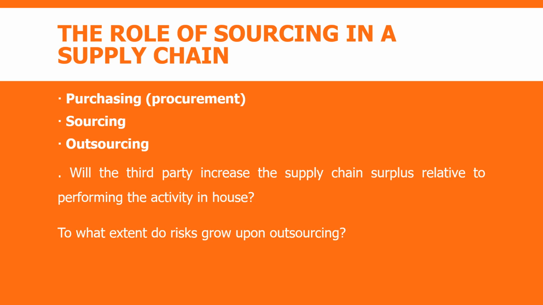So definitely the overall manufacturing cost should be less than the actual product cost which is sold to the customer, right? So the supply chain surplus is the total size of the pie that all supply chain participants get to share. Okay, now next slide.